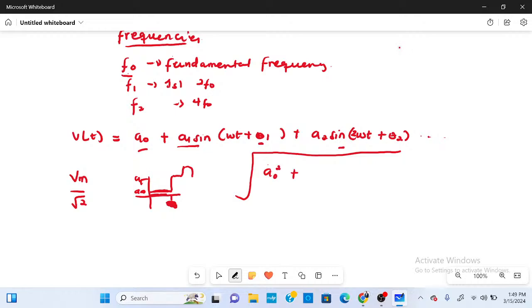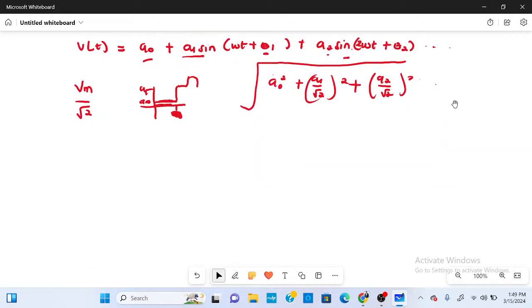I'll take the peak A1 over square root of 2, then I'll also square that, plus the RMS of each of your harmonics. So for each harmonic, you find the RMS. So the RMS here is A2 over root 2, all squared, and that's all. So this is the formula for finding the root mean squared for a harmonic.